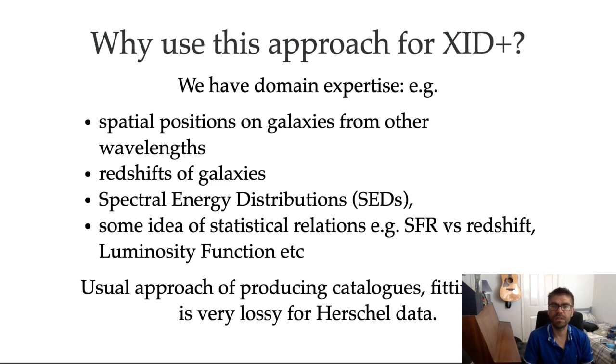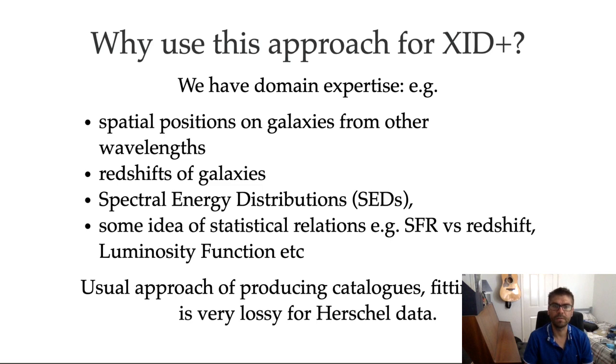And we also have some idea of the statistical relations relating these galaxies to each other, such as luminosity functions. So if we want to get as much out of the data as possible, we should be using this domain expertise. It's this probabilistic approach which allows us to transparently input that prior information we have on the spatial positions, redshifts, SEDs and other statistical relations.